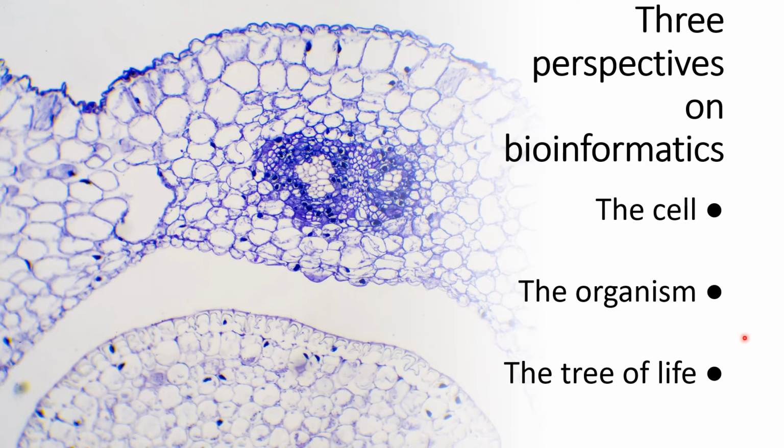So we can look at bioinformatics tools to tell us about what's going on with our body, the organism itself. And lastly, the tree of life. This is mainly used in analyzing how one species is related to another species in terms of their nucleic acid information.